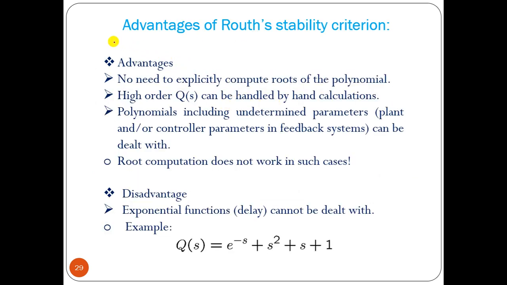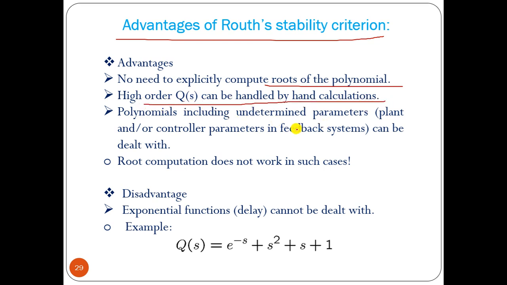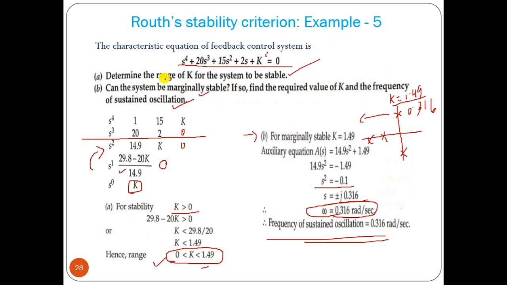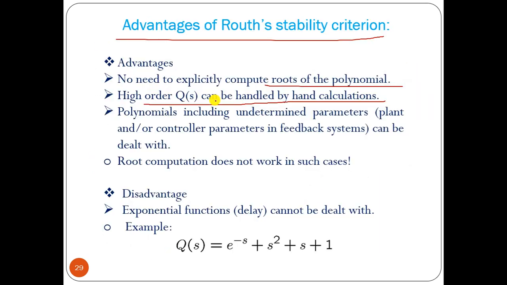Now let me tell you about the advantages of the Routh stability criterion. There is no need to explicitly compute the roots of the polynomial, so you don't have to find the root values. Higher order can be handled by hand calculation. We have solved an s to the power 6 term, a 6th order system, very easily. Polynomials including plant or controller parameters in the feedback system can be dealt with.